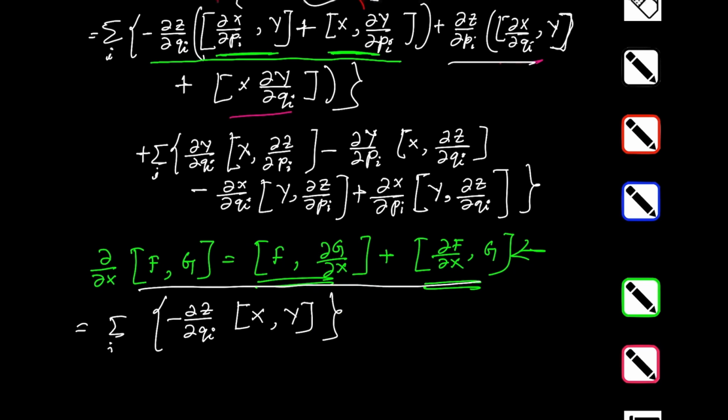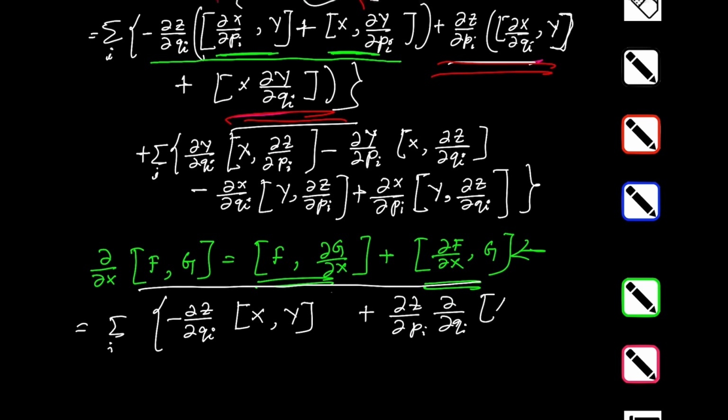Similarly, applying this identity here, we will get del z by del pi del by del qi of Poisson brackets of x and y. Now if you expand and simplify these terms, they will cancel each other, and then the remaining portion will be 0.